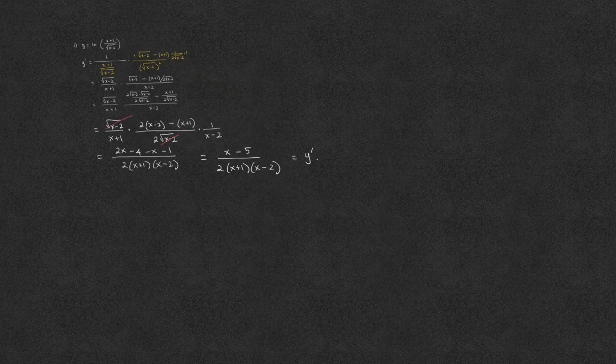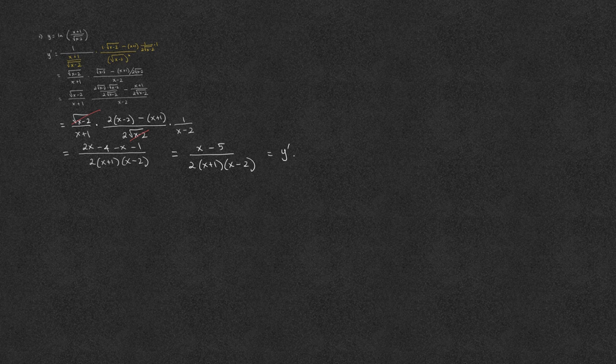Alternatively, we will use the laws of logarithms to differentiate the original expression y equals ln of x plus 1 over the square root of x minus 2. Keep in mind that the argument of log needs to be positive and x minus 2 needs to be positive as well, because not only is it in the denominator, but it is also inside the square root.